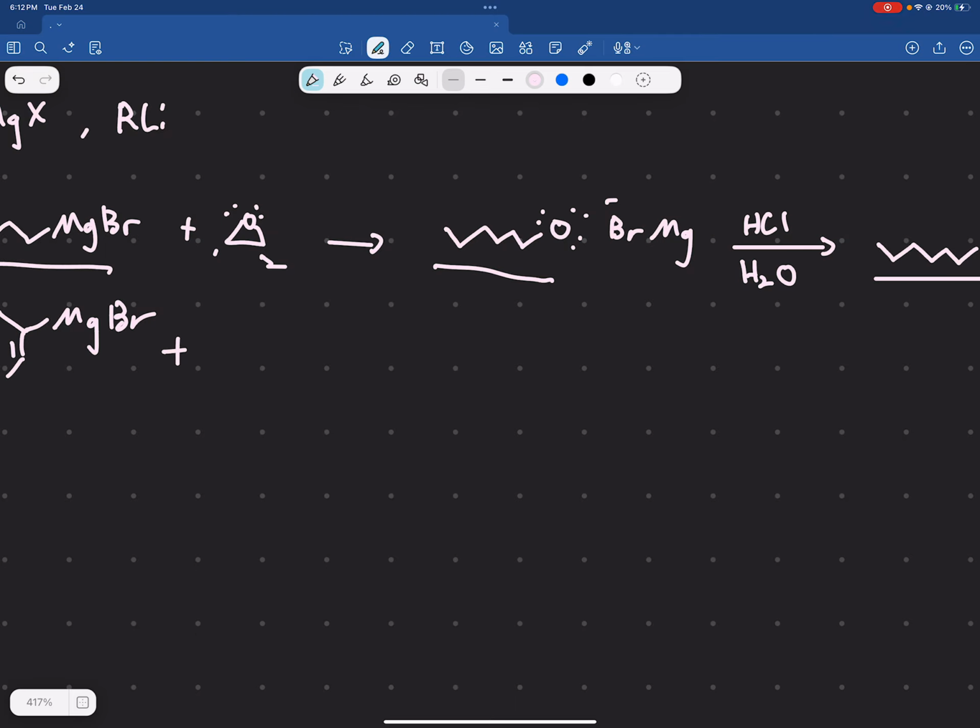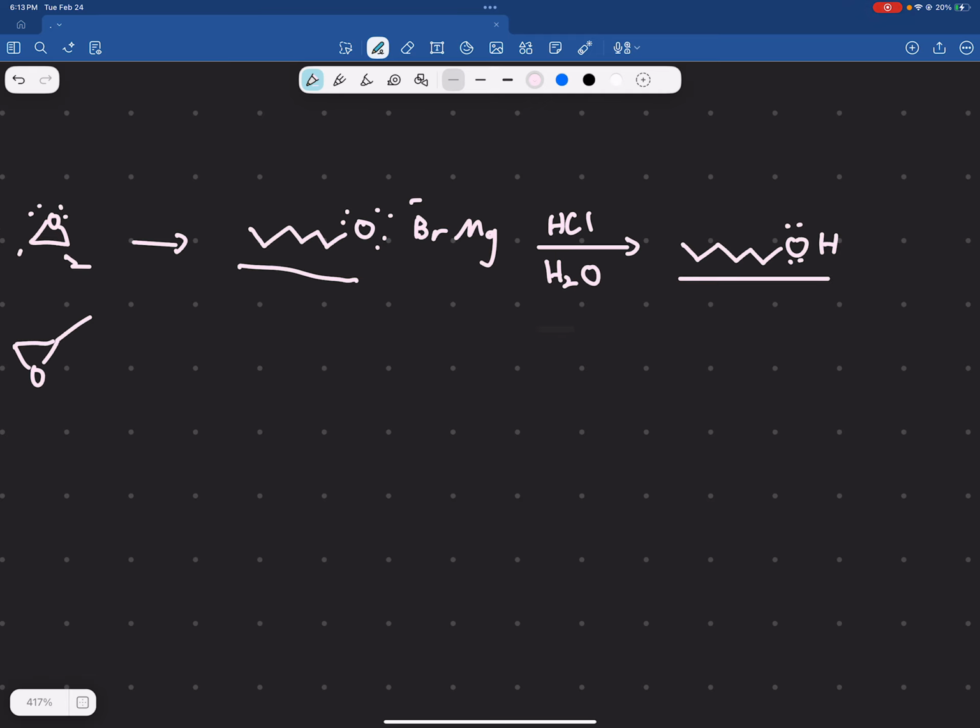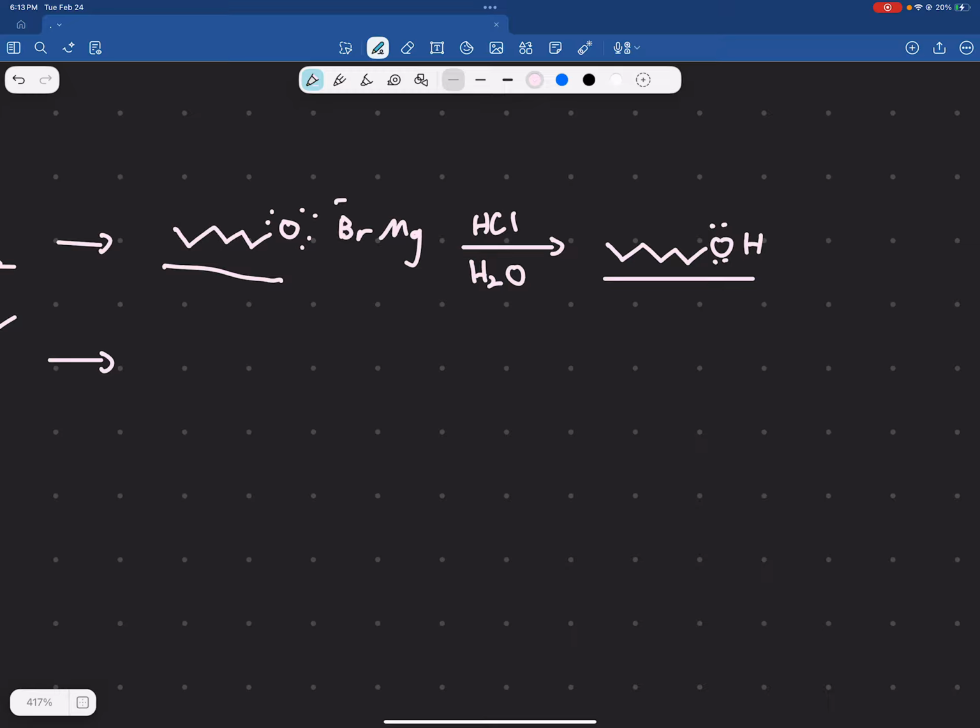If we react this with a substituted oxirane, something like methyl oxirane, it's going to form a magnesium alkoxide again.